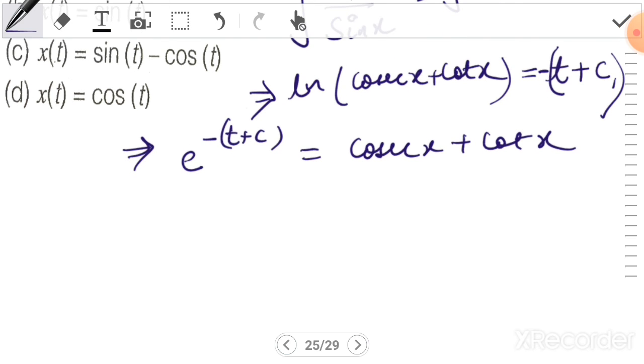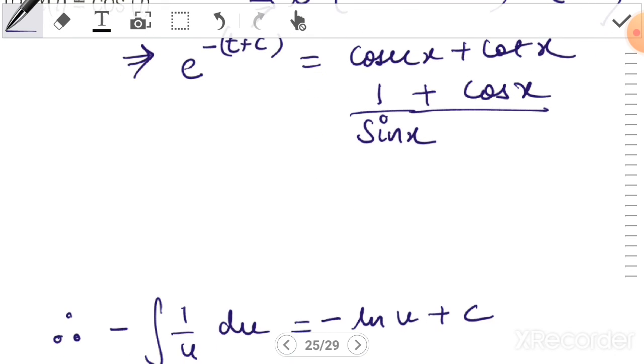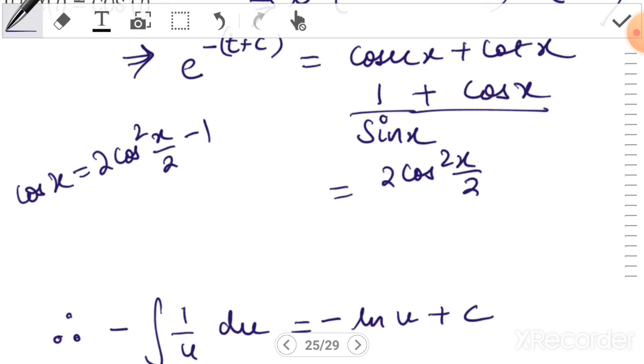Okay, now cosec x is 1 by sin x and cot x is cos x by sin x, right? And we know that cos x can be written as 2 cos square x by 2 minus 1. So 1 plus cos x is 2 cos square x by 2, and sin x we can write as 2 sin x by 2 cos x by 2.